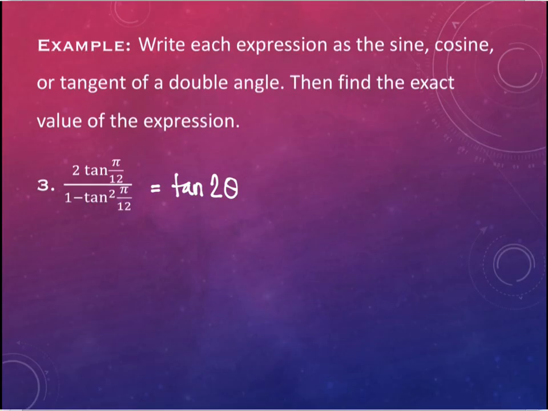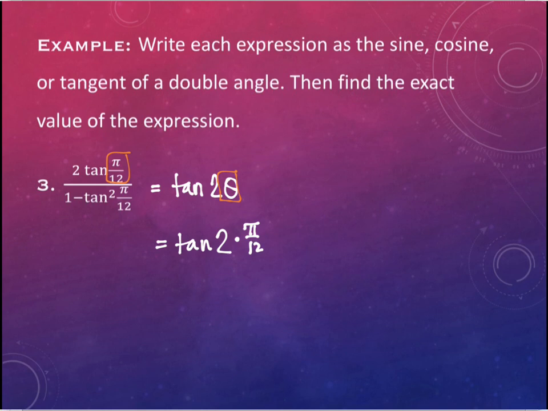But what's the angle in this particular problem? Yeah, this angle is pi over 12. So in place of the theta, I'm going to write pi over 12, like this. That's very friendly. And the reason it's friendly is because when I clean up this angle inside, it's going to be an angle I'm familiar with.